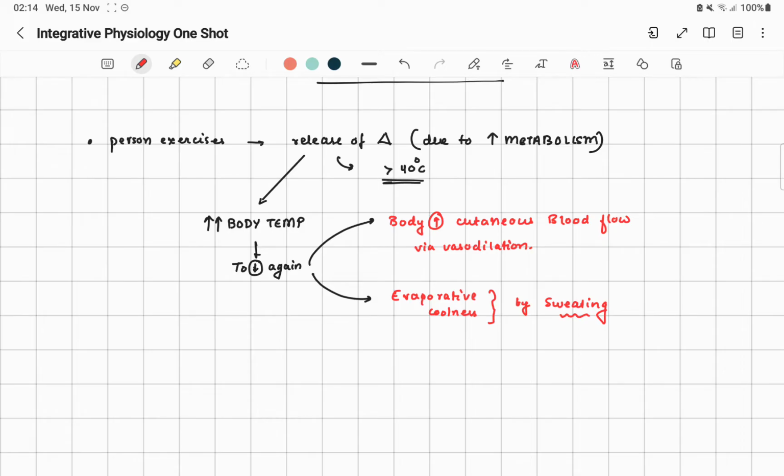The person may lose salt along with the body water. A person may faint if he or she stands in the sun for a long time, due to the loss of salt and electrolytes.